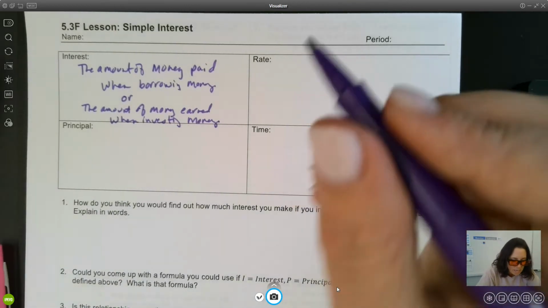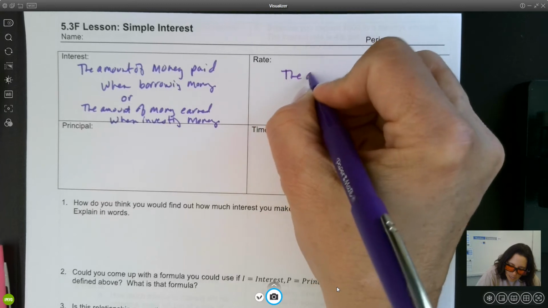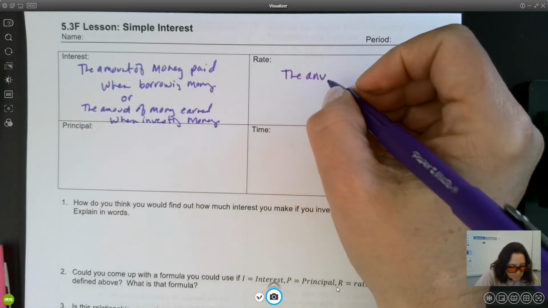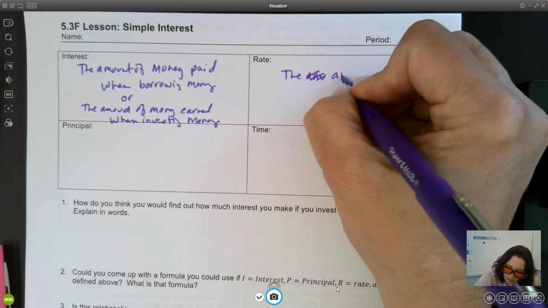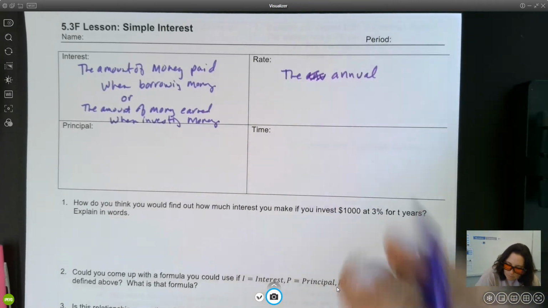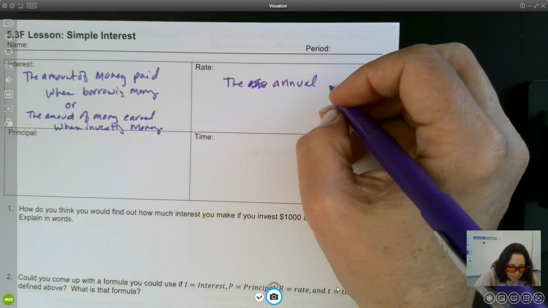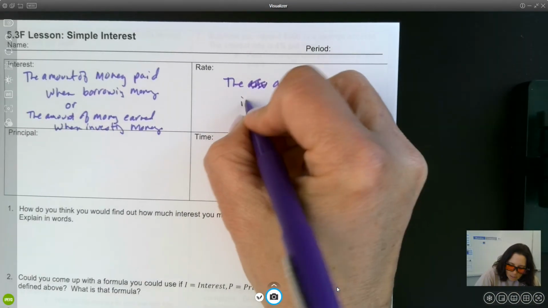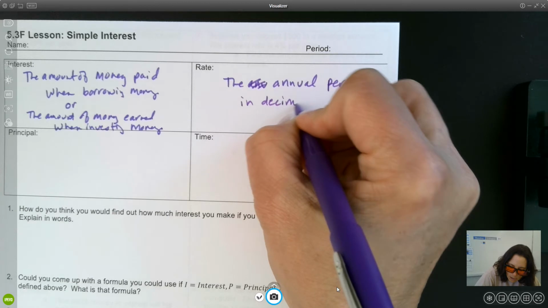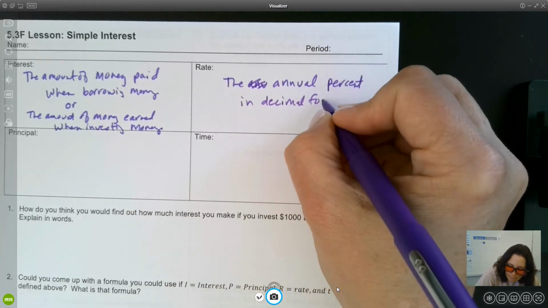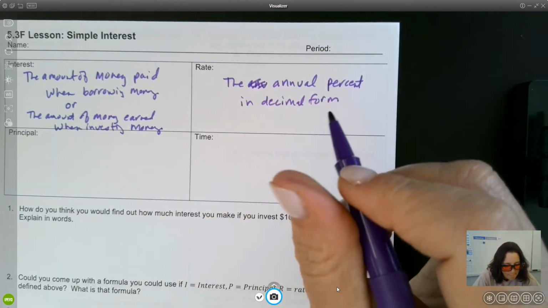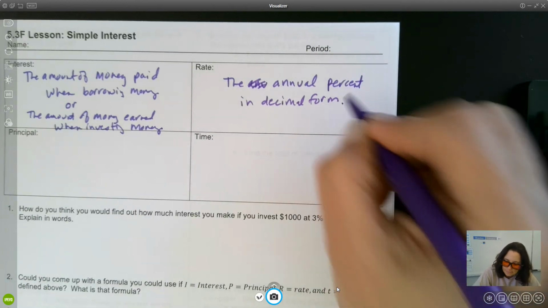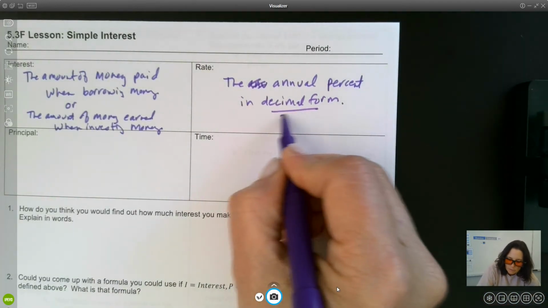The rate is the annual percent in decimal form. Make sure it's in decimal form.